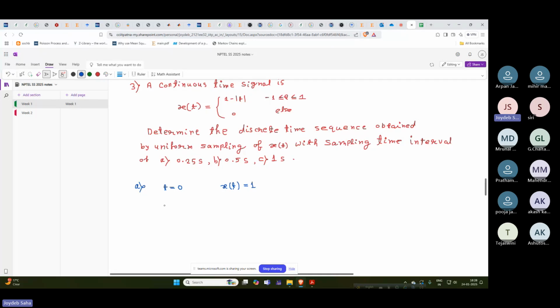Now t equal to 0.25 second, xt will be 0.75.